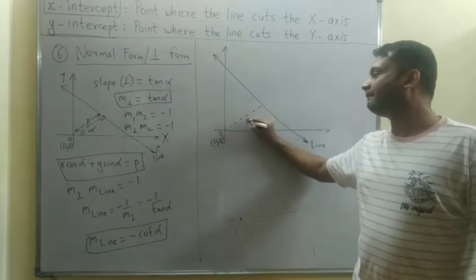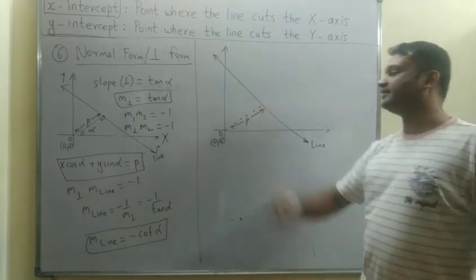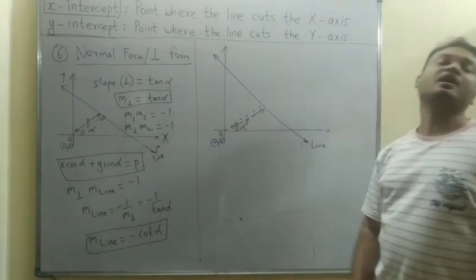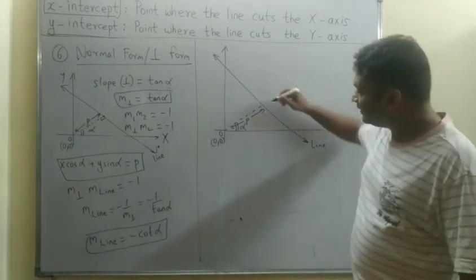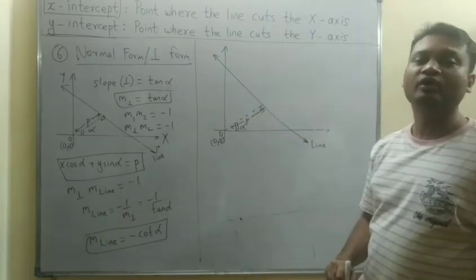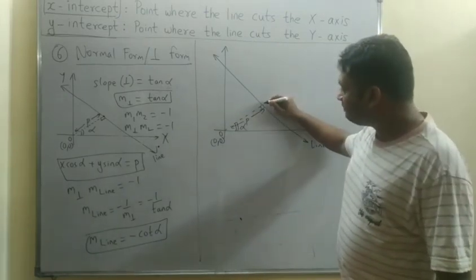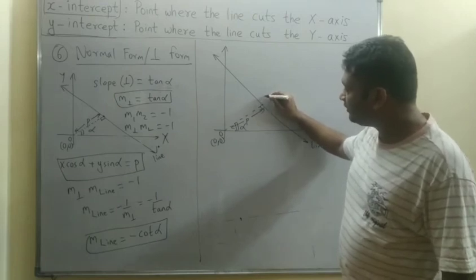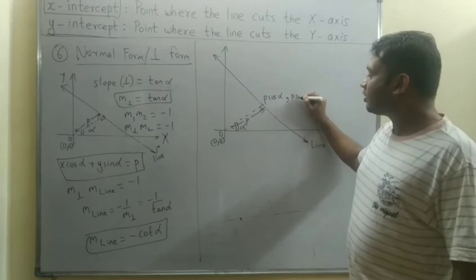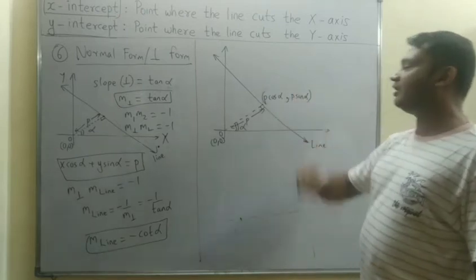This is the perpendicular distance p, and this angle is alpha. Accordingly this angle is 90 degrees because this is the foot of the perpendicular. Now this point, the foot of the perpendicular, will have coordinates p cos alpha, comma p sin alpha.